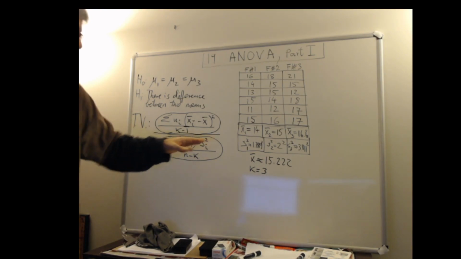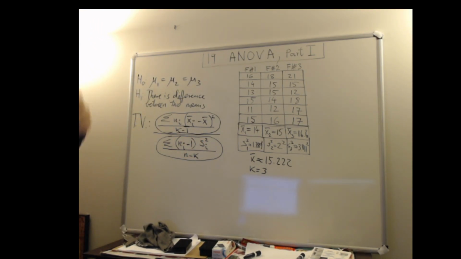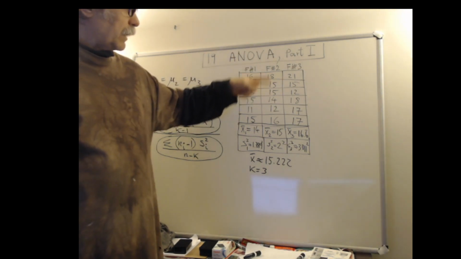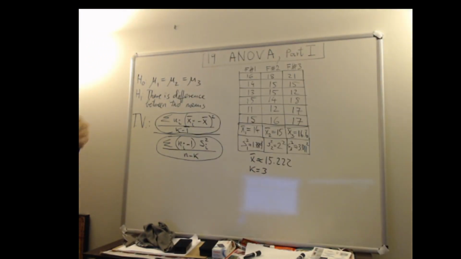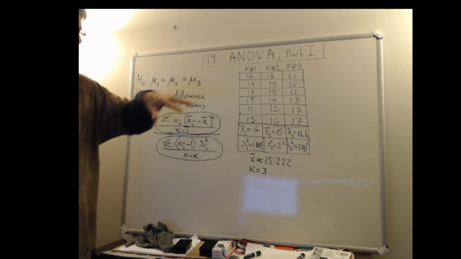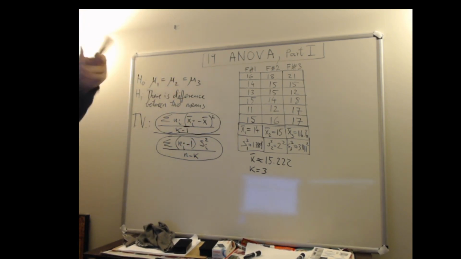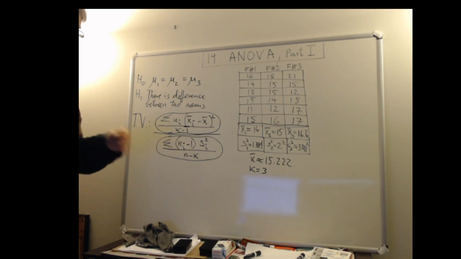So that's what we're doing here. And then you're dividing by the overall degrees of freedom. So we are pooling them. You have 5 degrees of freedom, 5 degrees of freedom, 5 degrees of freedom, that's 15. Or you can just simply say n, which is 18, overall number, minus 3, which is 15. So you're subtracting 1 degree of freedom for every group. So that's what we are averaging at the bottom.